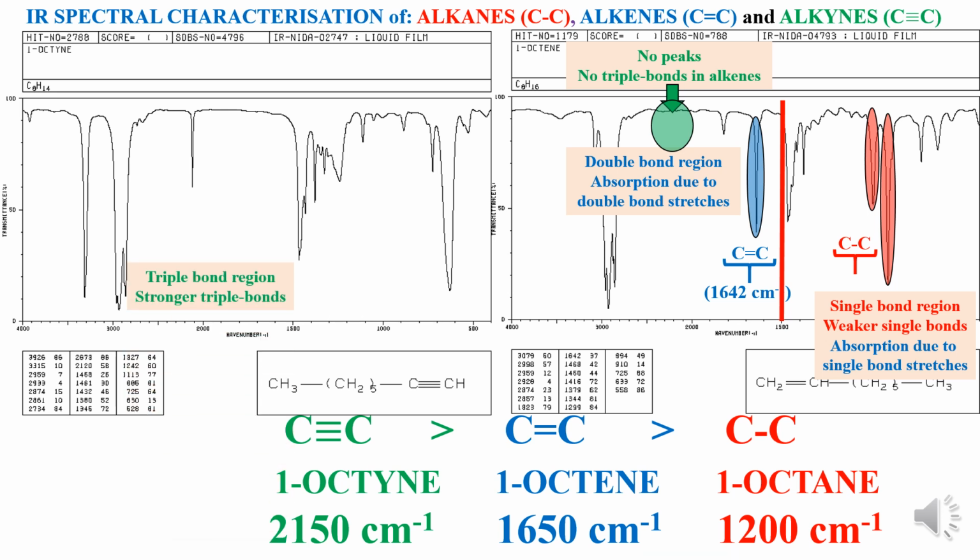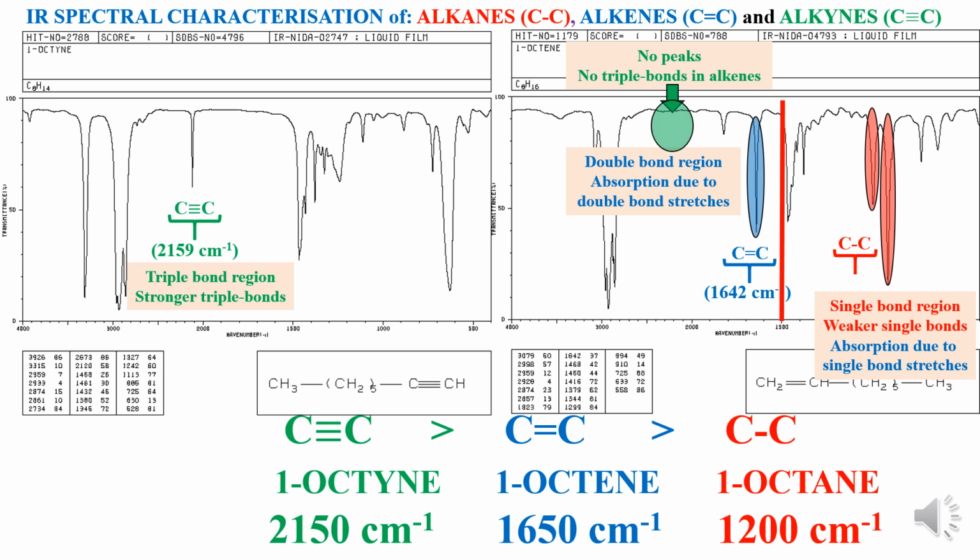Now coming to the IR spectra of 1-octyne. So you'll see a sharp peak at around 2159 centimeter inverse, and this peak is due to triple bond stretch.